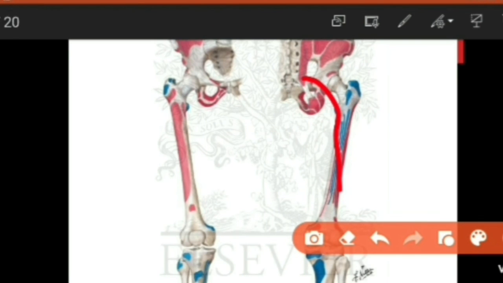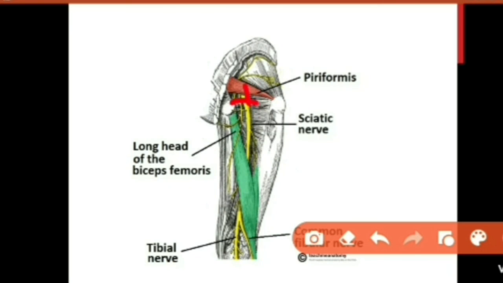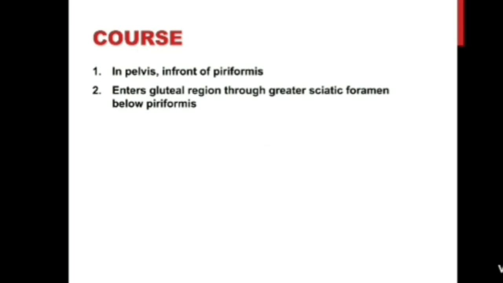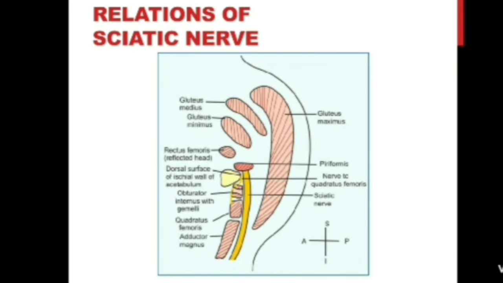Sorry, here. Now it is below the piriformis, through the greater sciatic foramen. It's going vertically downward, and here just above the popliteal fossa it's dividing into two. That is the tibial part and the common peroneal part. Now we finished with the course.